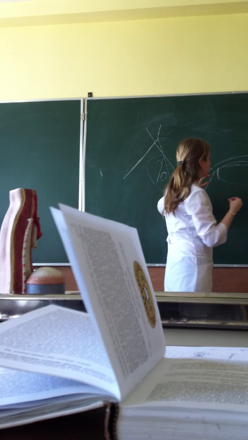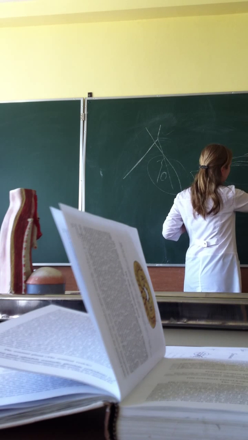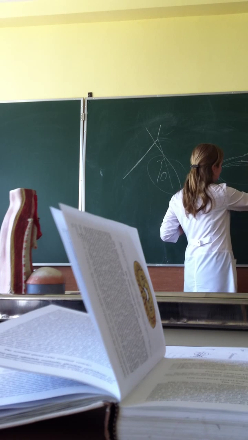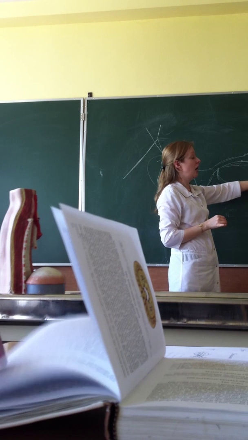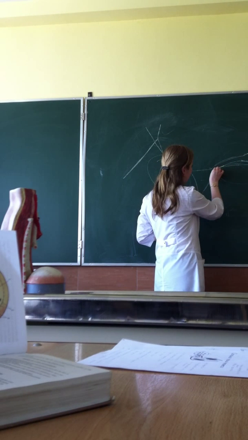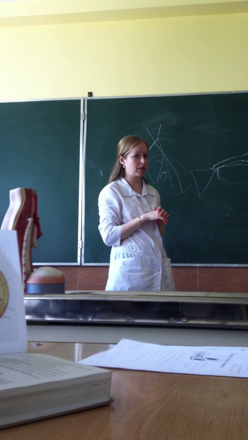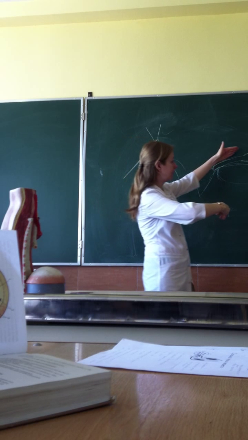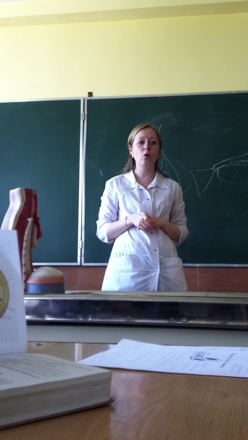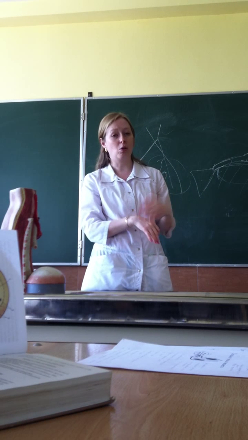Then it continues to a wide part, the infundibulum, and then by a narrow part, which we call isthmus, opens to the lateral part of the uterus. Above here is the broad ligament of the uterus, and this ligament covers the ovary.